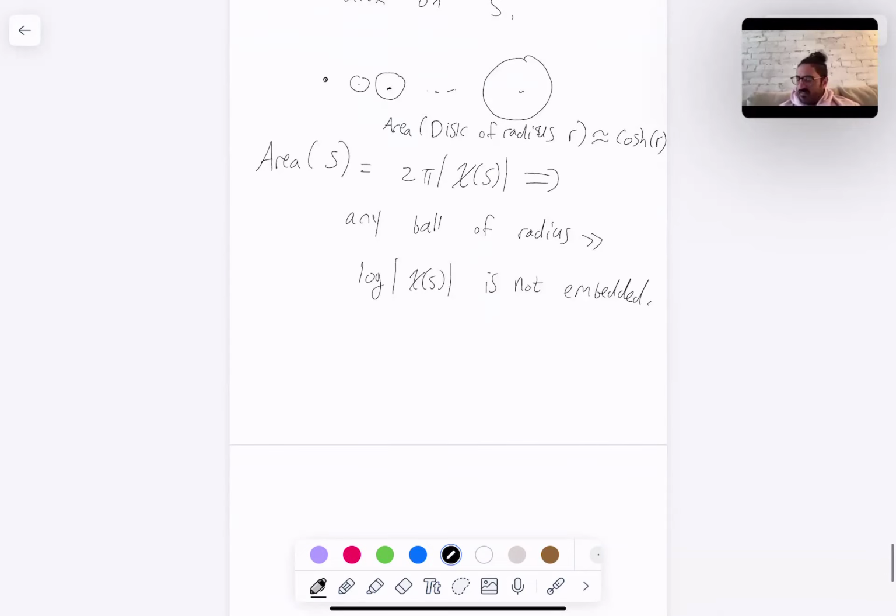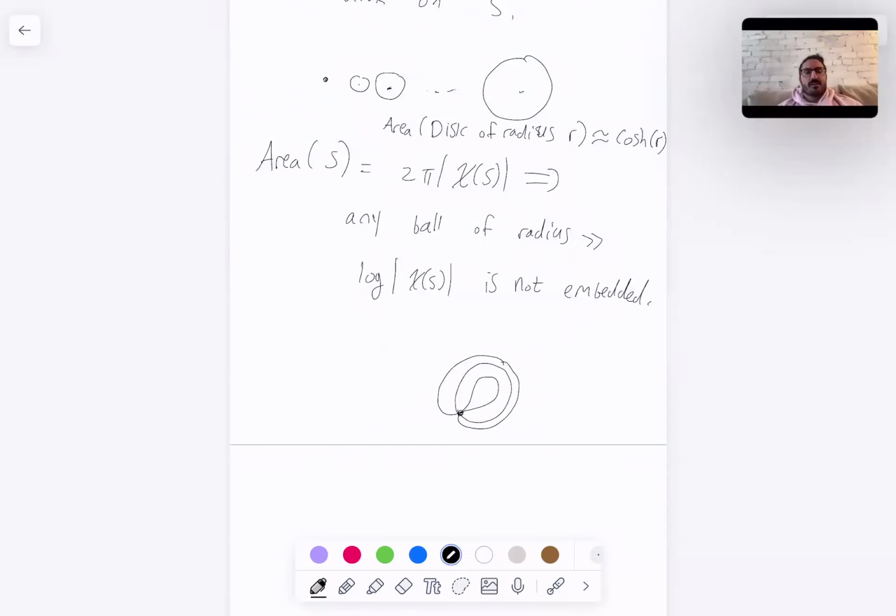And that means that if I take such a ball, then it has to wrap around the surface in some way, like it has to hit itself. There has to be a point of tangency here eventually. And it's not hard to prove topologically that this loop I just drew is homotopically essential, and therefore it has a geodesic representative.